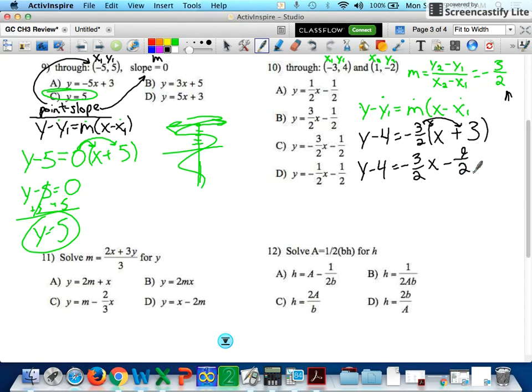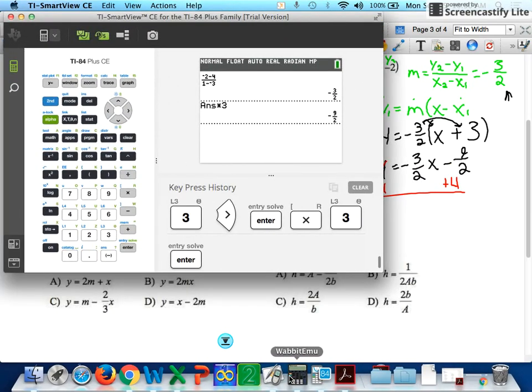I'm looking, still not one of my answers, because look, I don't have y quite all the way by itself. It's close, but it's not quite done. I add 4 to both sides. And guys, just because this is a whole number and this is a fraction, they're both just regular old numbers. They don't have any variables or anything crazy going on. They're just regular old numbers, okay? So we go to add those together. Again, I'm going to let my calculator do the hard part. I want to do that -9/2 I got for an answer. That's what I want to use, and I want to add 4 to it.